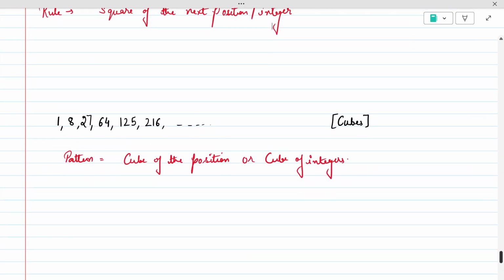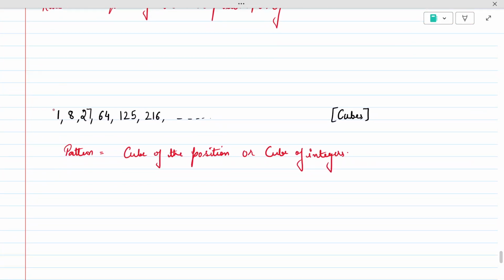Coming to the cubes. In cubes, what we have is the cube of the position or the cube of the integers. Again, it is the same thing. They are present at positions 1, 2, 3, 4, 5, 6, which are also the integers and the positions. So both hold true. Next, answer 2, the next positions.